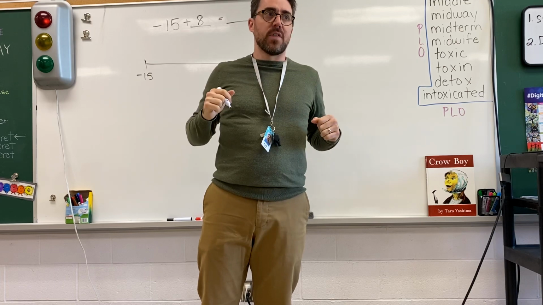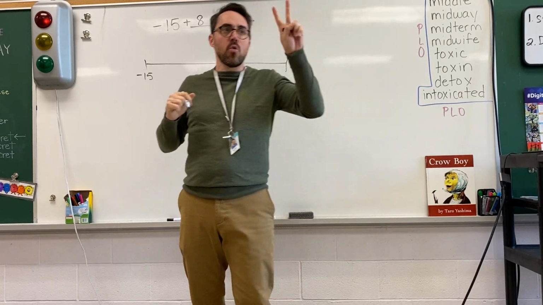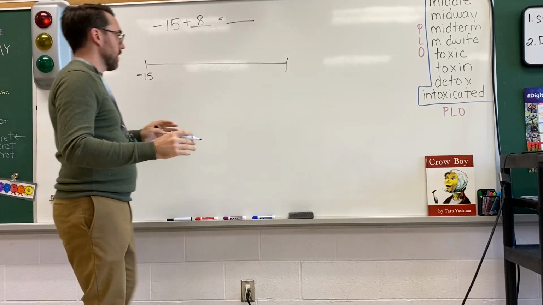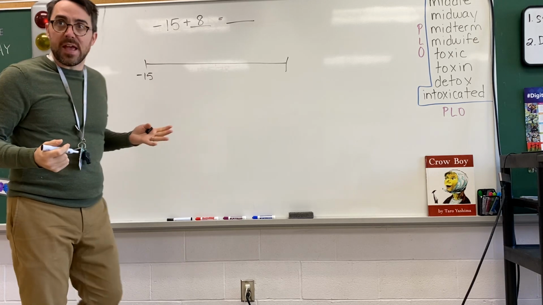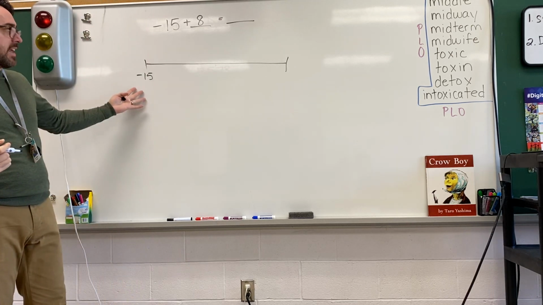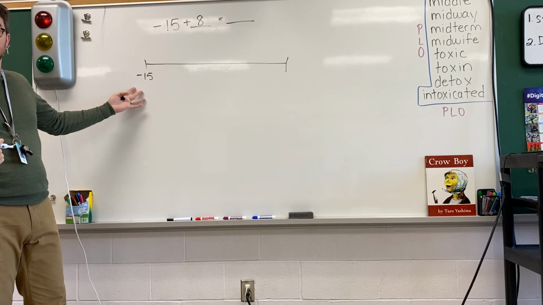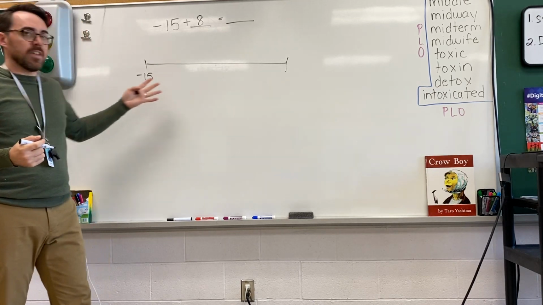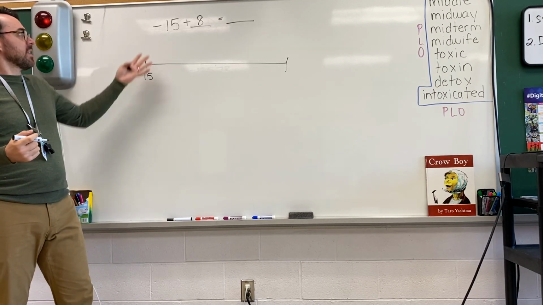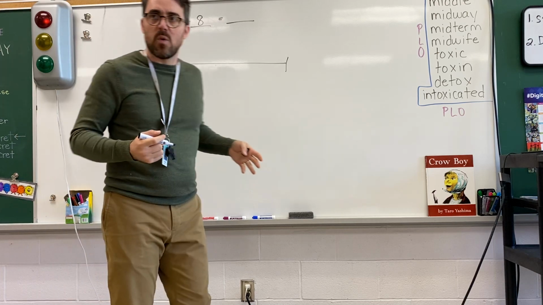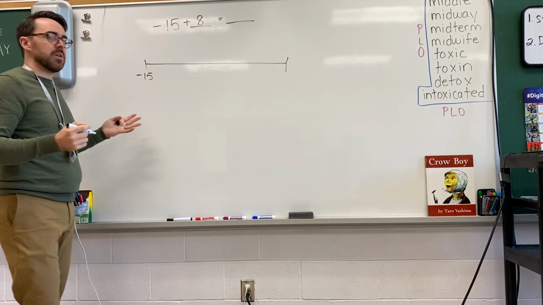How would I solve this? There are 2 ways I'm thinking of. Okay? I've already begun one way. I put negative 15 here. What can I do this way to figure out negative 15 plus 8? What can I do? Caleb?